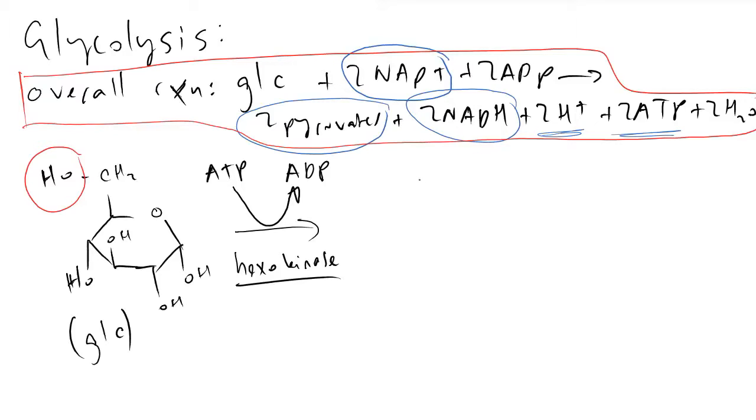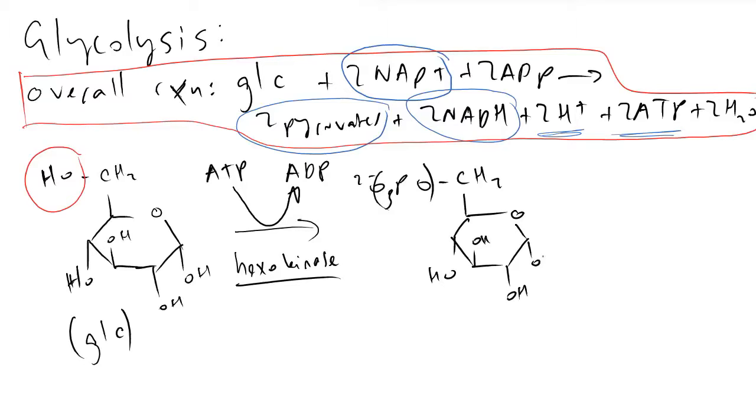So we'll have OPO3 2- now bonded to our carbon number 6 on this molecule. And the rest of it will be the same. And this molecule is referred to as glucose 6-phosphate, which I shall abbreviate as G6P.